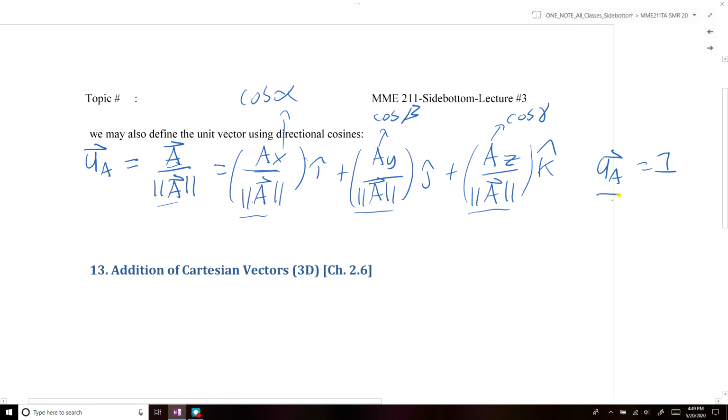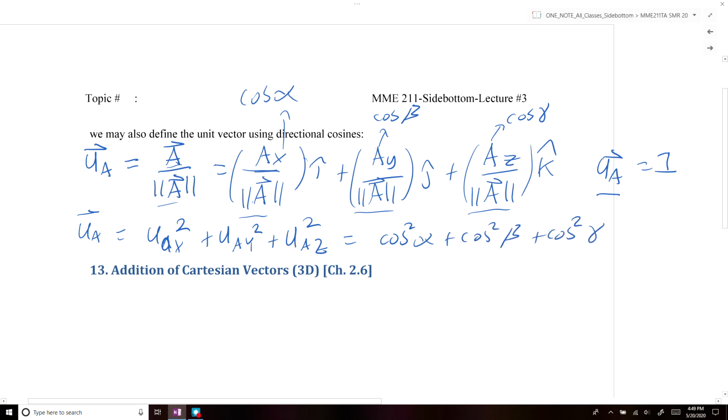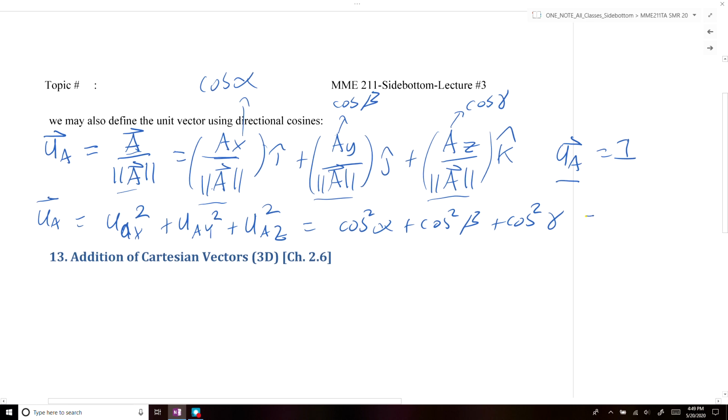So we also know that the magnitude of any unit vector is found from the sum of the squares of its Cartesian components. So if we take the sum of our components, what that ends up being is cosine squared alpha plus cosine squared beta plus cosine squared gamma, which is the square of the x component of our unit vector, the y component, and the z component, all added together, and that needs to be equal to 1 squared, or equal to 1.